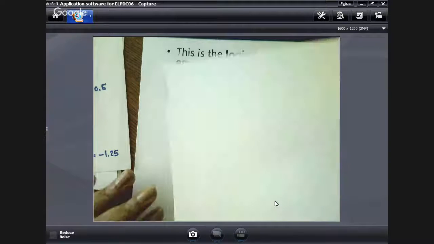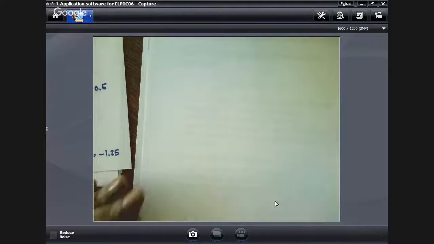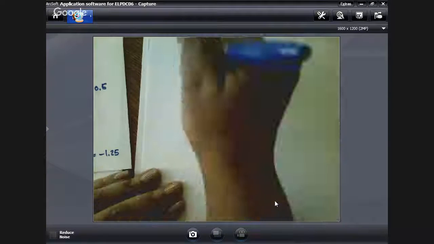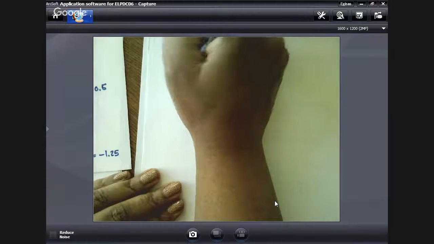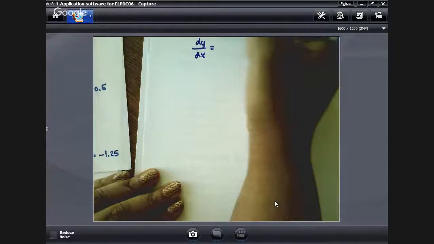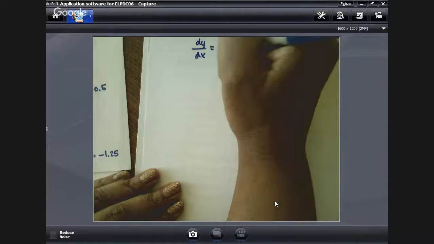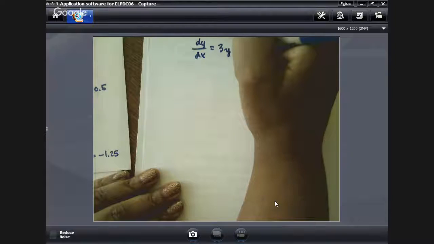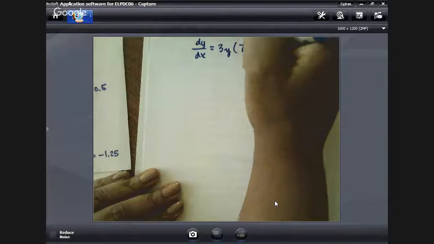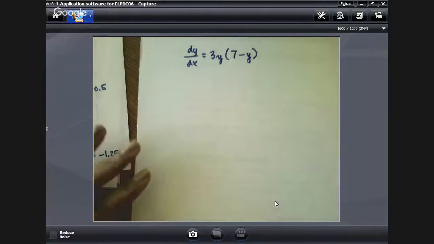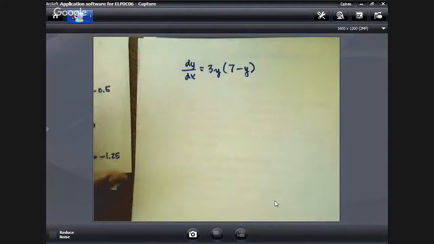Let's say dy/dx is equal to 3y times (7 minus y), and you wanted to solve this differential equation for y.